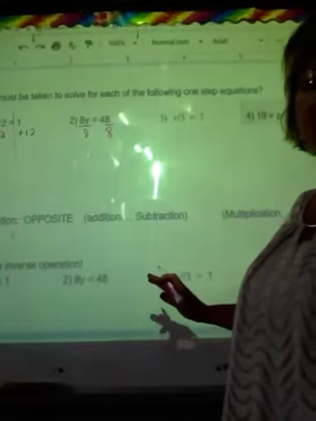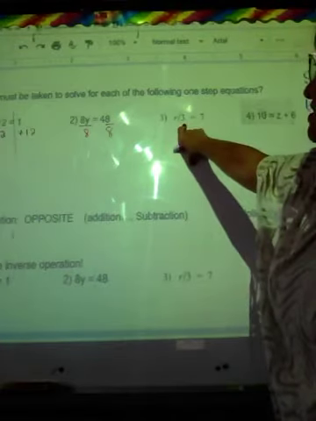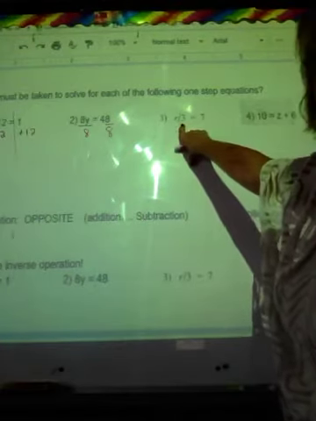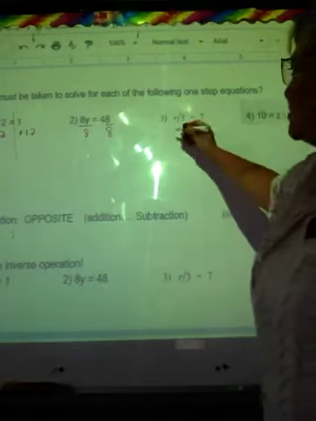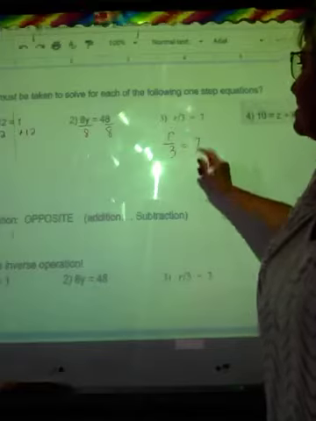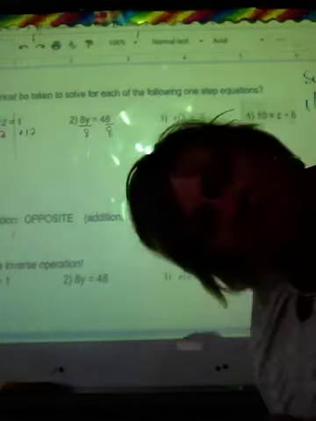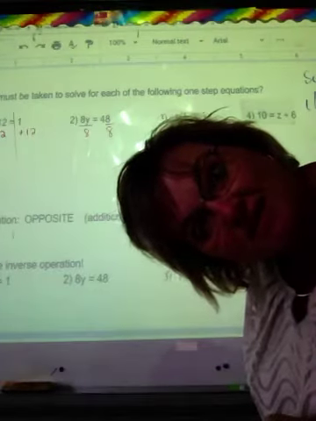How about that? And this guy, you guys remember that we talked about how with a fraction it's just division with an attitude. So another way to write this would be r over 3 equals 7. Well, that's a division problem. What's the opposite of division? Multiplication.